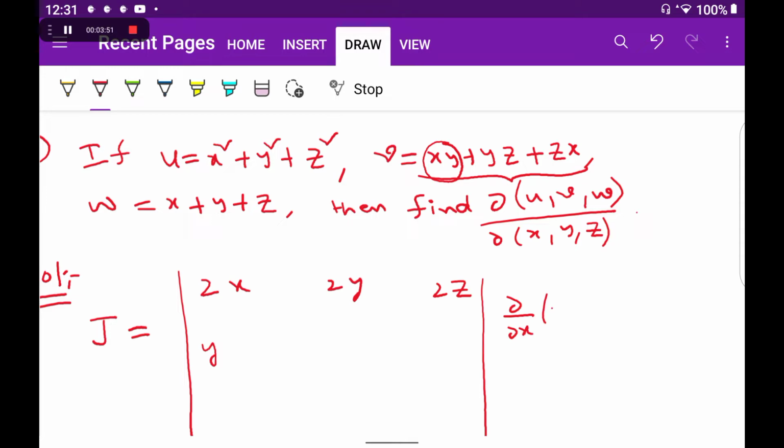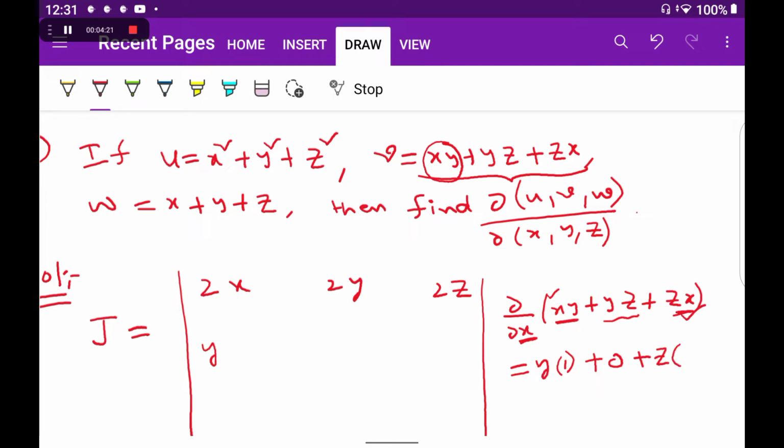Dou by dou x of xy plus yz plus zx. We are differentiating with respect to x. So in the first term, y is kept as constant. Derivative of x is 1 with respect to x. The second term has no x directly, 0. The third term has x and z is treated as constant.